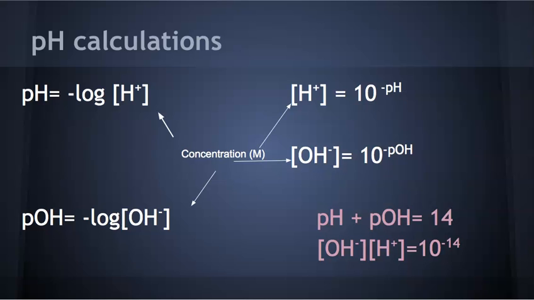[OH-] times [H+] is always 10 to the minus 14th. With this series of equations, if you know one of these values, [H+], [OH-], pH, or pOH, you can always find the other 3. It just might take you a couple steps.